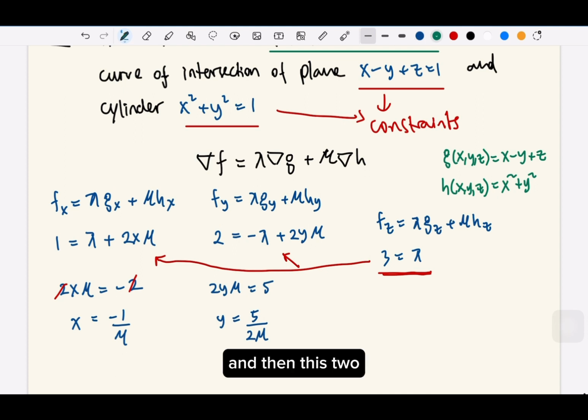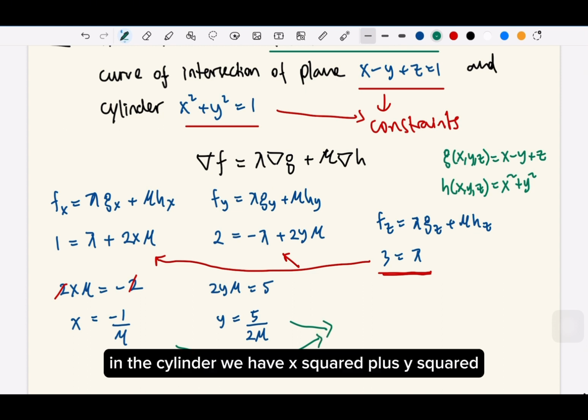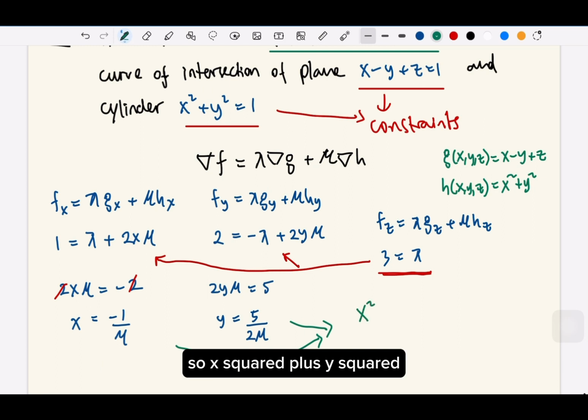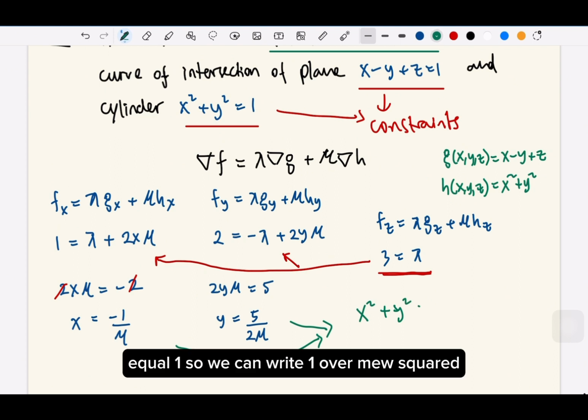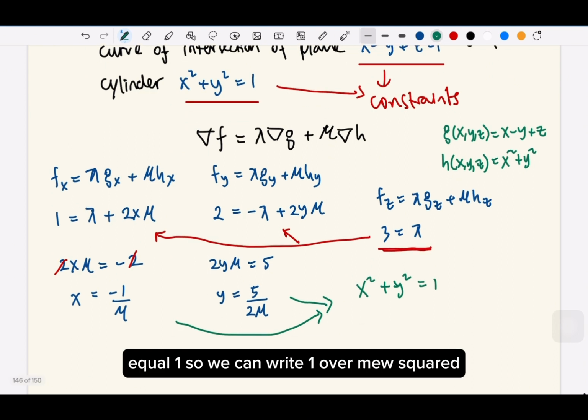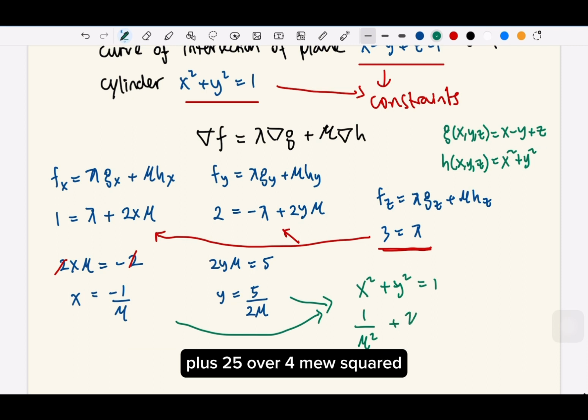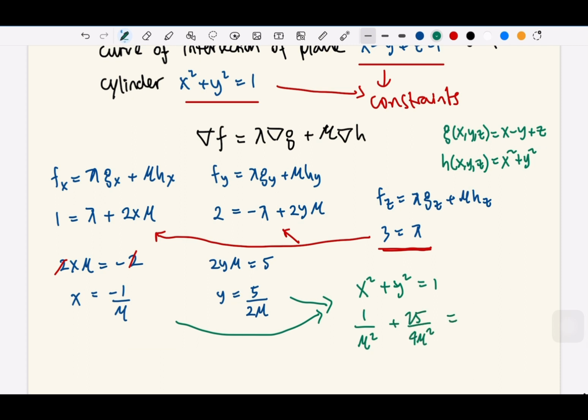And then in the cylinder we have x squared plus y squared equal 1. So we can write 1 over mu squared plus 25 over 4 mu squared is equal to 1.